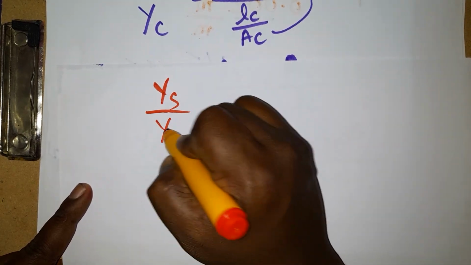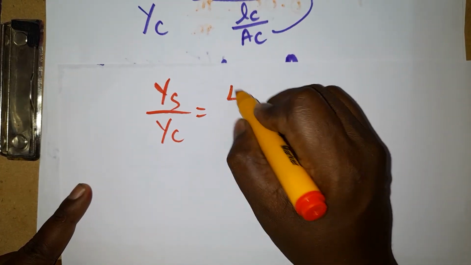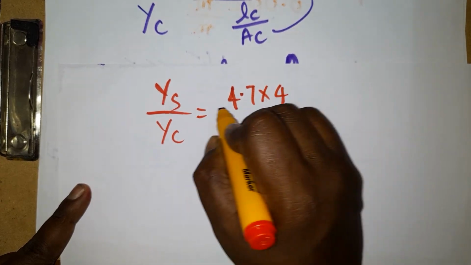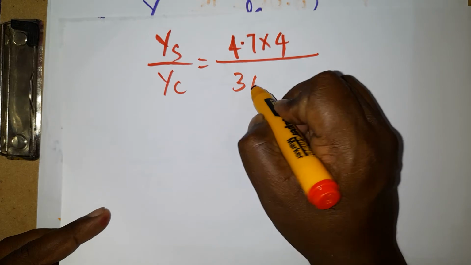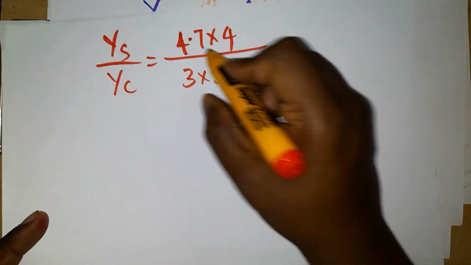Okay. So the ratio between steel wire by copper wire is 4.7 into 4 in the numerator, and in the denominator we have 3 into 3.5. Slowly you can do the multiplication.